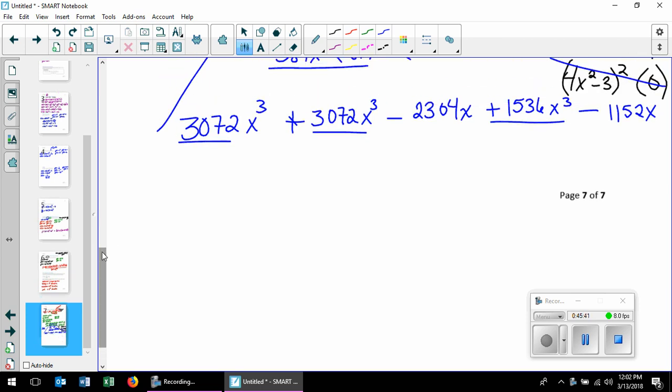All right. 7,680 x cubed minus 3,456 x. That is my equation for the jerk motion.